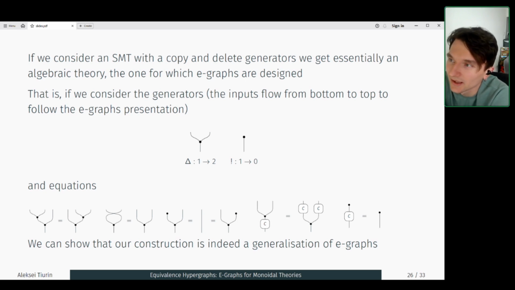And when we take a symmetric monoidal theory with such additional structure, such a theory becomes in a way algebraic. So we can assume that it only contains generators with co-arity of 1 without loss of generality. This is why EGRAPHS just arise as a special case of our construction.